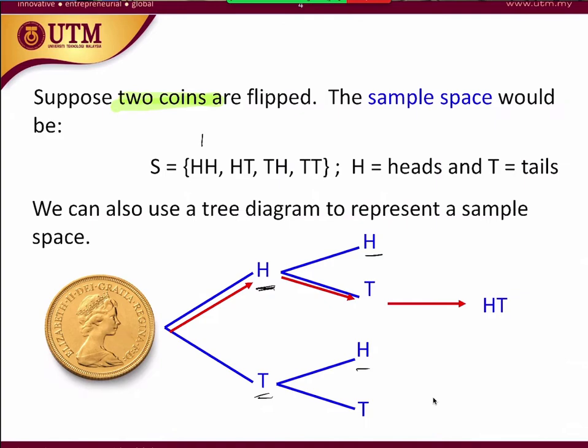So this is the first outcome in the sample space. Another possibility is that the first coin is going to be head and the second coin will be tail. So this is coin 1, coin 2. And the third possibility is that the first coin will show tail and the second coin will show head.